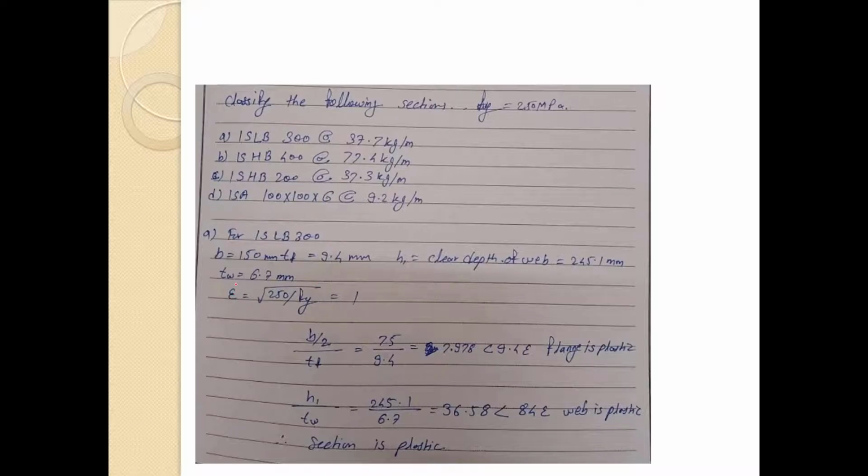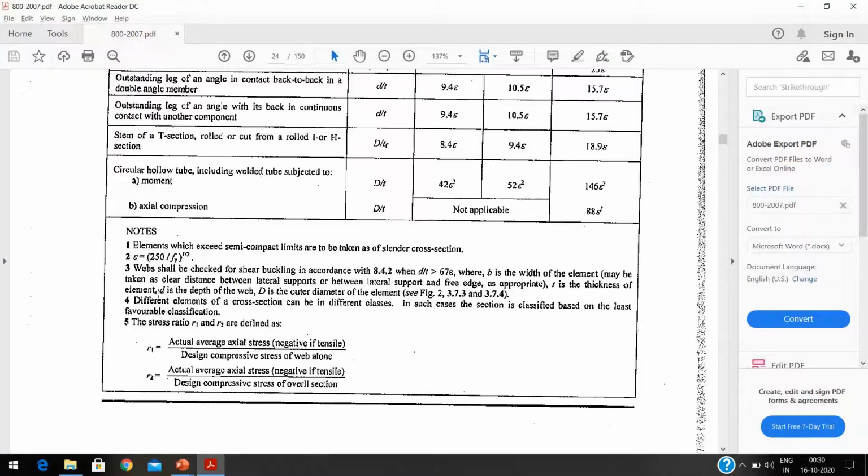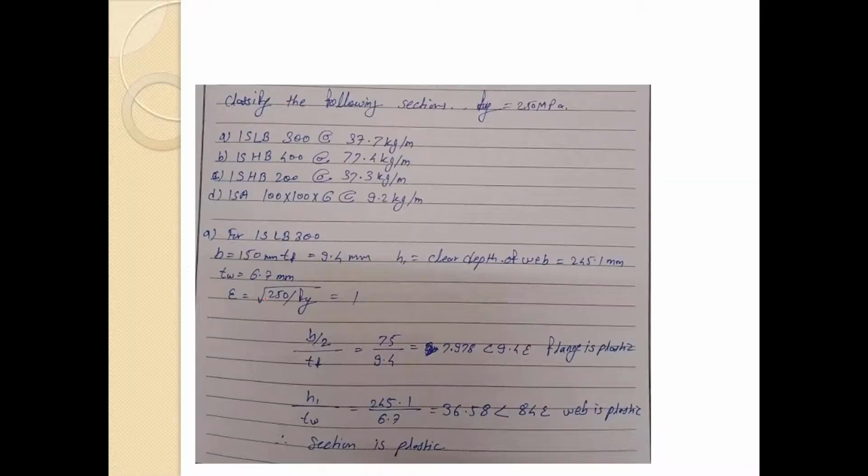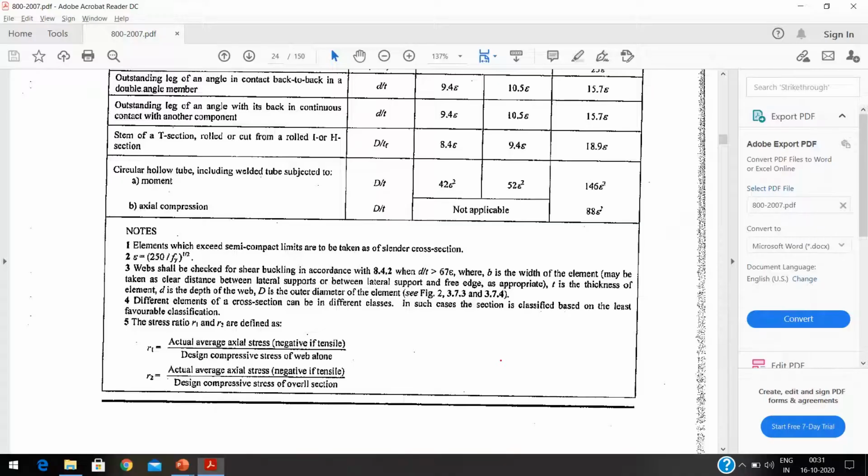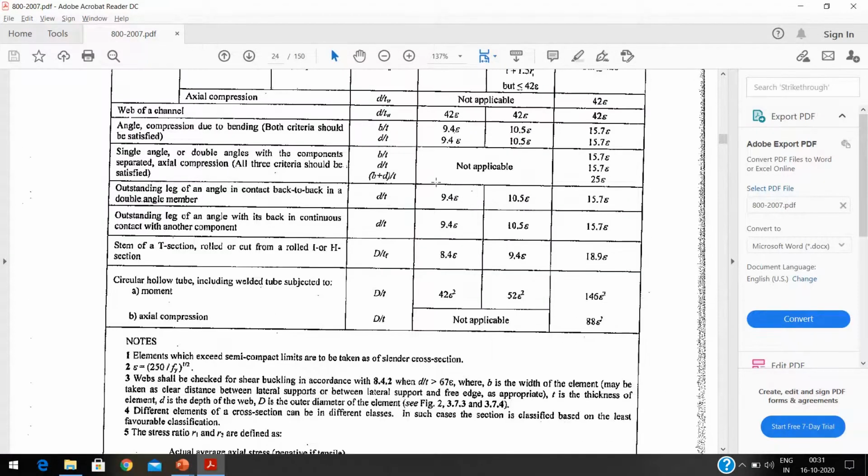First we have the formula for the strain, epsilon equals root of 250 divided by Fy, and since Fy equals 250, it is 1. And this B by 2 by TF ratio, that is 75 divided by 9.4, is 7.9, which is lesser than 9.4 epsilon, which is given in this table.